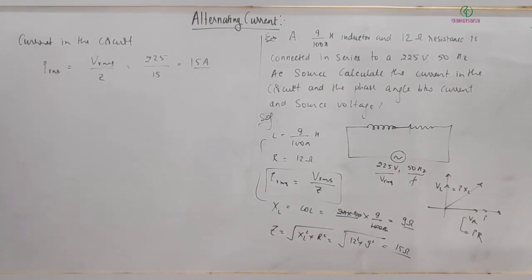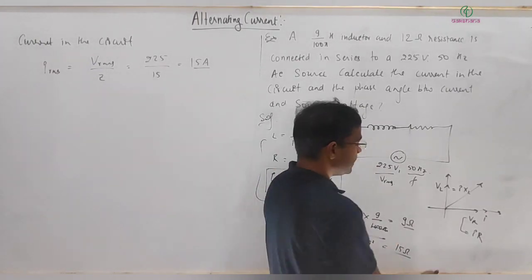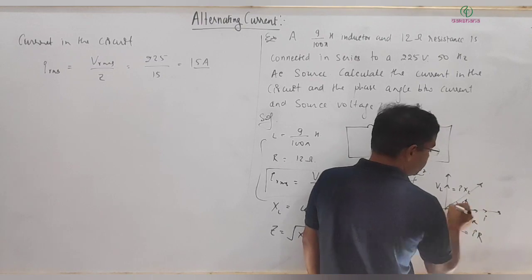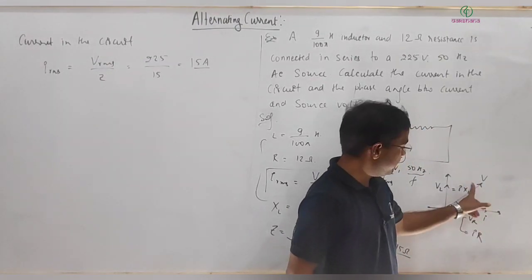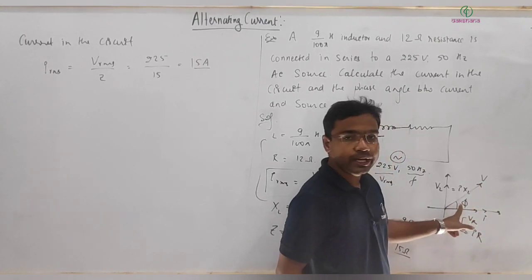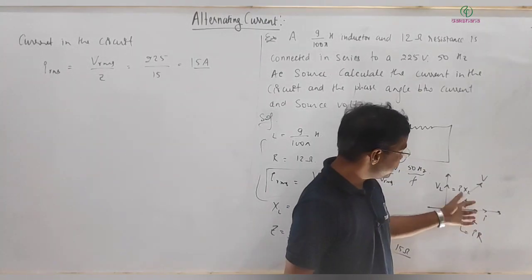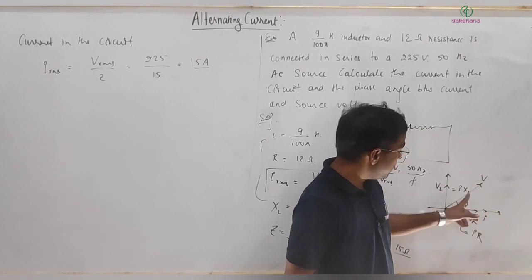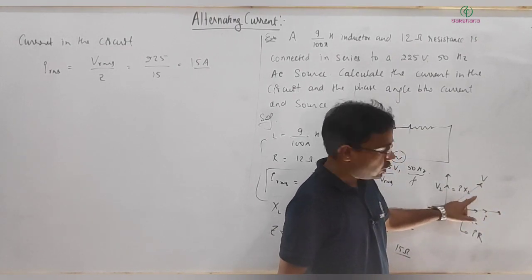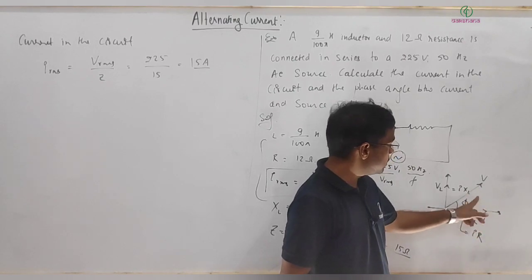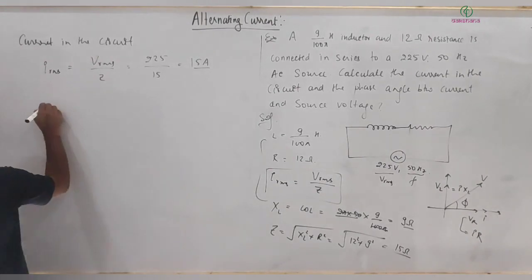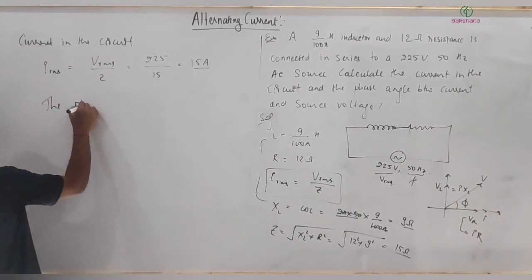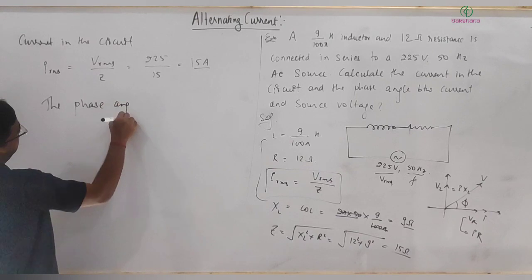Just check the calculation. And here the phase angle you should write from here. You must be remembering this is the phase angle, because this is net V and this is your I. So the phase angle between these two is given here. Now how will we calculate the phase angle? This quantity is I XL, proportional to XL, and this is proportional to R. So here we can write the phase angle phi.